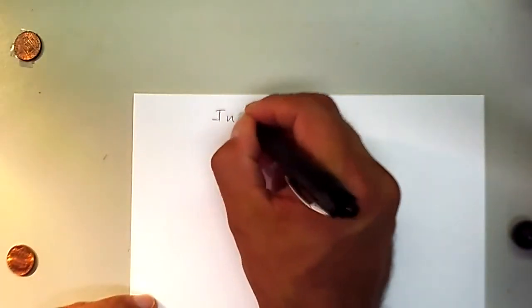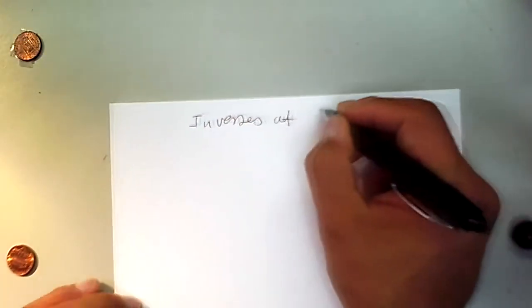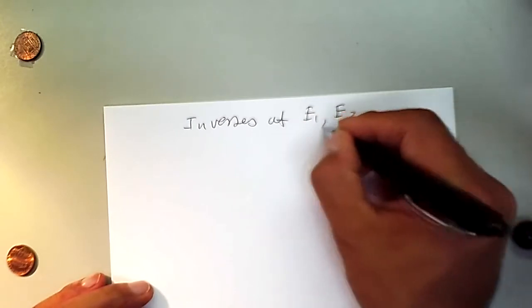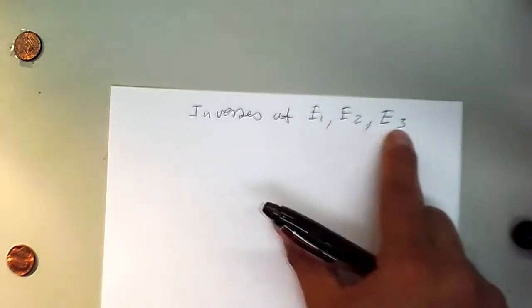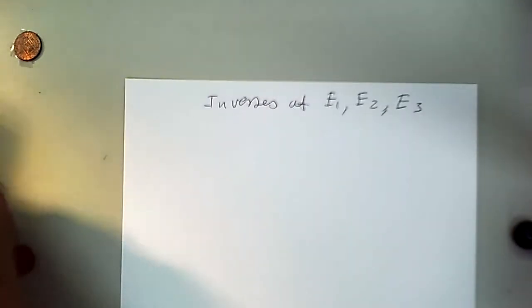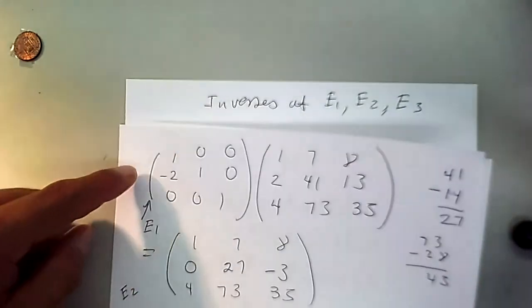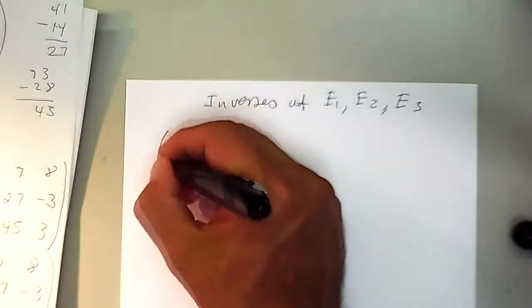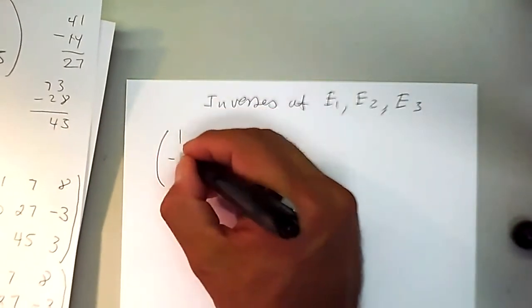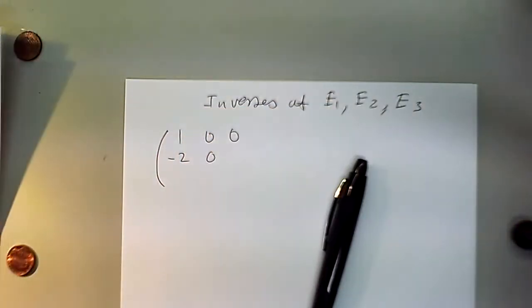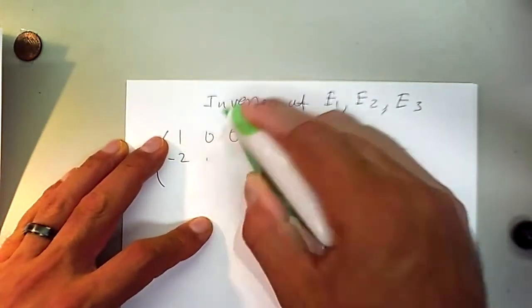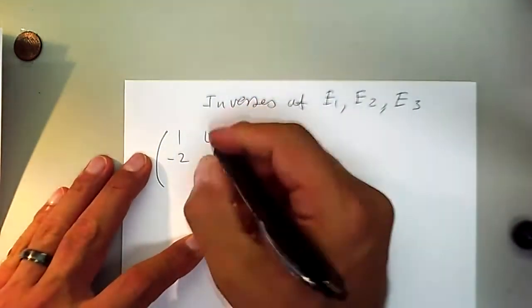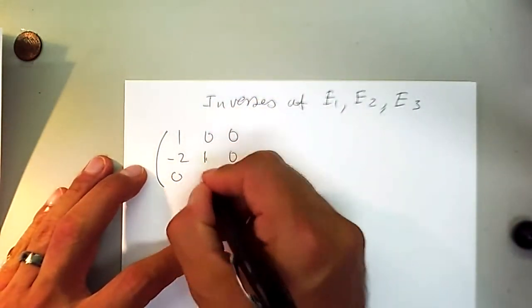Okay, so inverses of E1, E2, and E3. What we are doing with this matrix, let me write it down. 1, 0, 0, negative 2, 1, 0, 0, 0, 1.